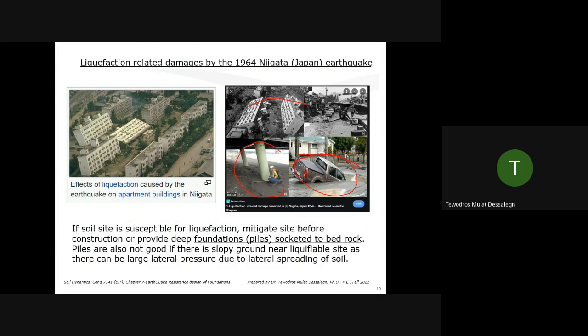So if in your geotechnical investigation, either using a soil lab test or geophysical testing, you see a loose sand, and if it is a seismic area, if there are faults around, that's a pretty clear sign that you may have potential liquefaction at some point.